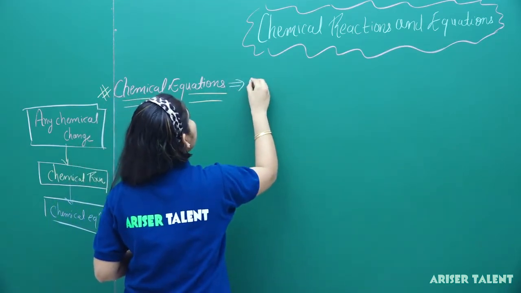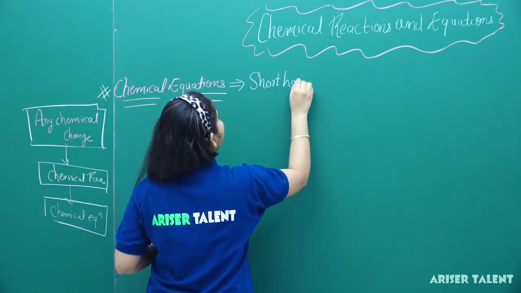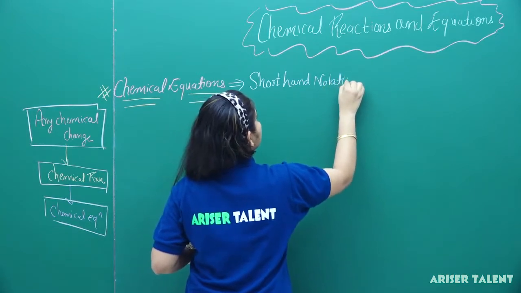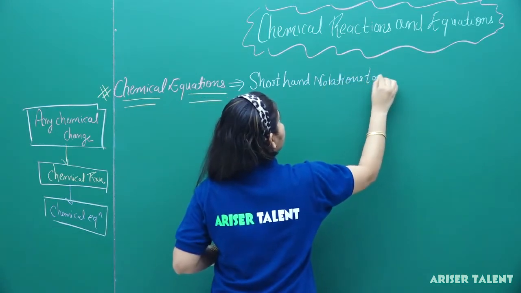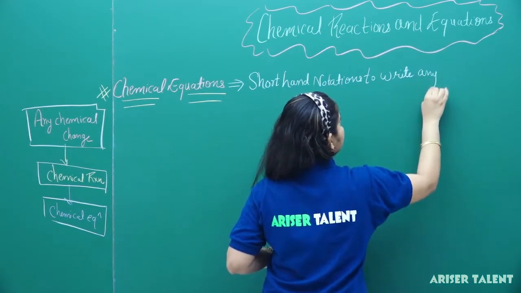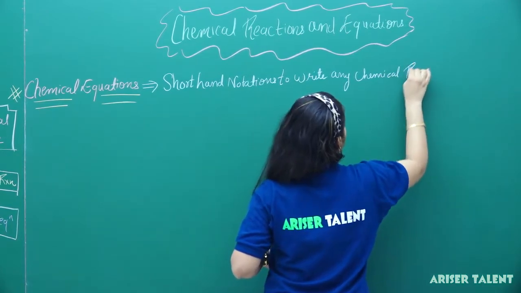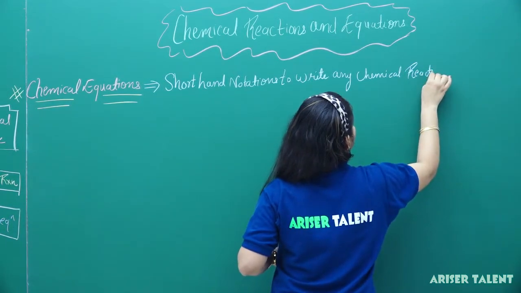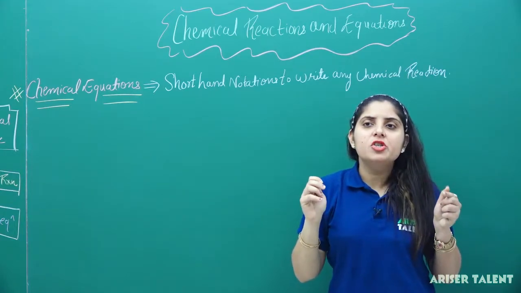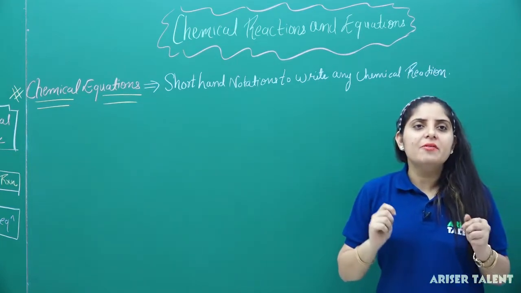Chemical equations are the shorthand notations to write any chemical reaction. Any chemical reaction can be represented by a shorthand notation, and it is basically the chemical equation.